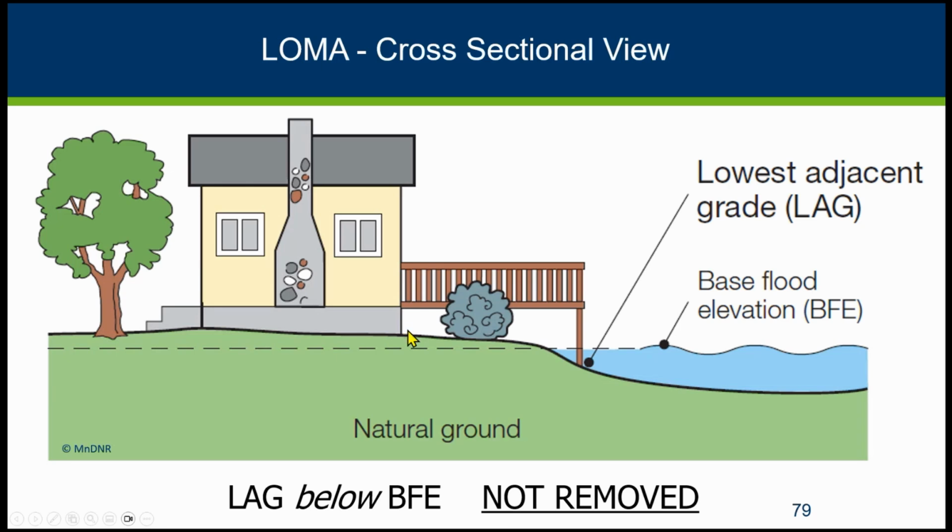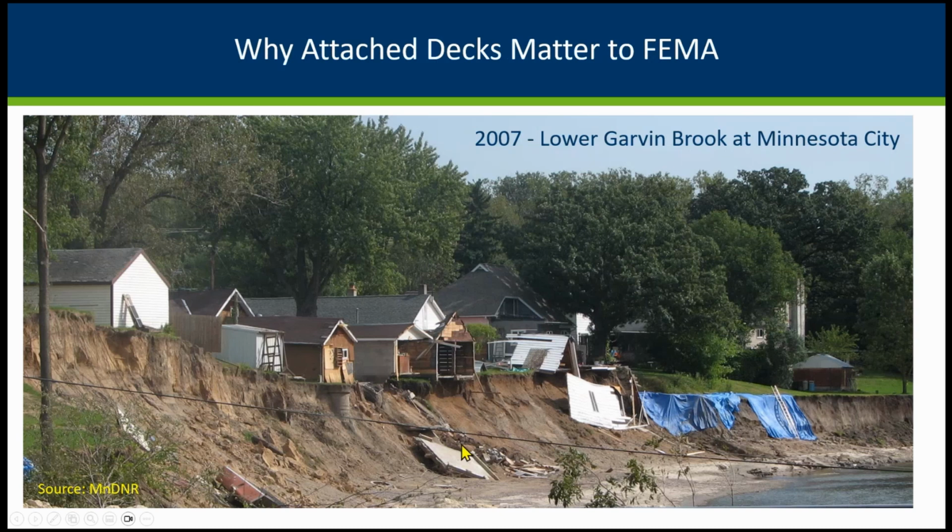They can put in additional supports, detach it, and have a really close nearby deck, and then get the survey done again and show that they have the lowest adjacent grade high enough and get a LOMA. And we know people have done that in some situations. But they worry about those decks because when floods do come, the decks fall, they rip off part of the building, and you have a lot of damage.